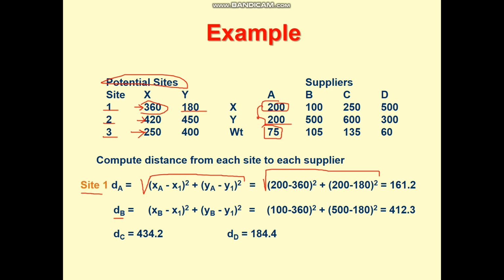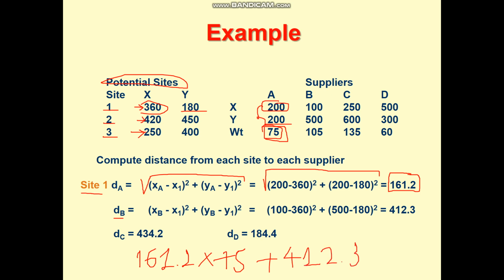Then we multiply the distance from supplier A to site 1 with the weight, that is 161.2 times 75, plus the distance from supplier B to site 1 times the weight of supplier B, that is 412.3 times 105, plus DC multiplied by WC, plus DD times WD.